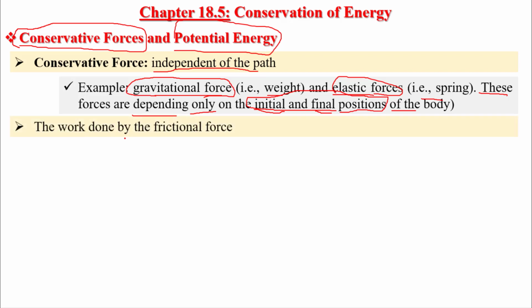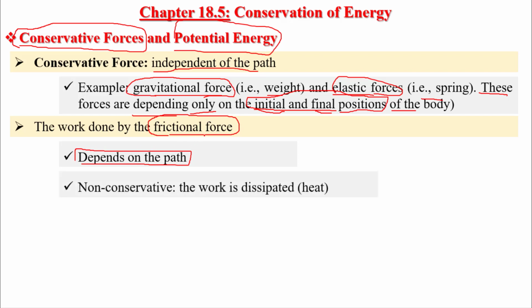While the non-conservative force is the frictional force. Frictional force is non-conservative, so it depends on the path, for example wheels rolling without slipping or rolling with slipping.